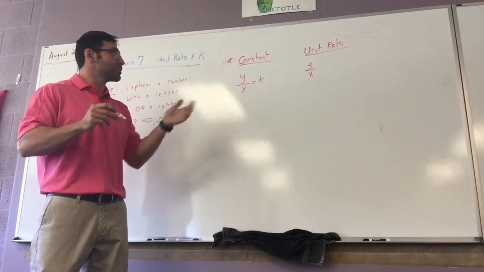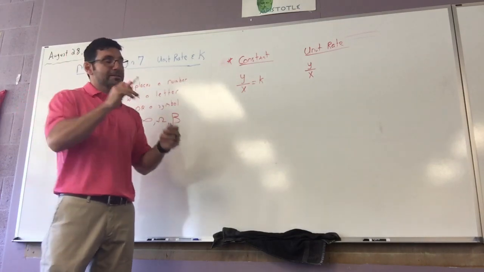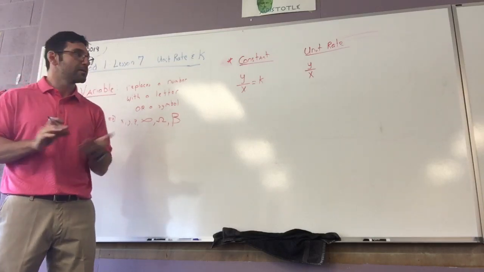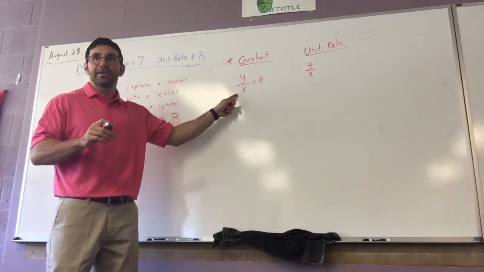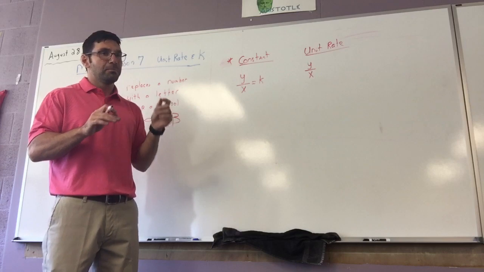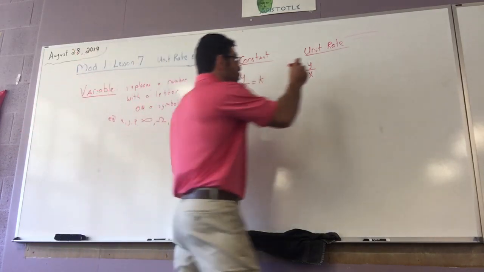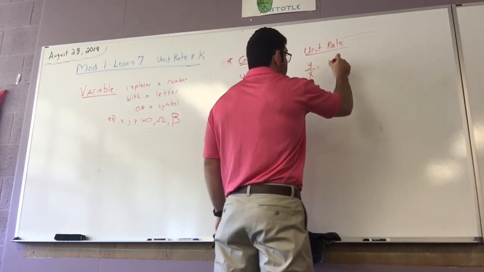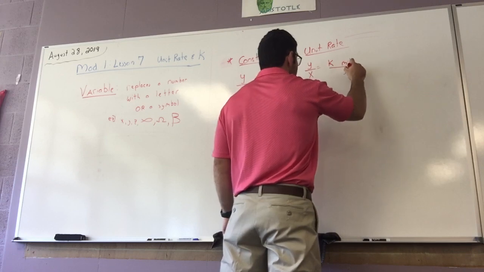The constant, the number itself, will be the same in the unit rate and the constant. But what's the difference between unit rate and a constant? Well, the constant is just a number. Go back to your notes from lesson 1. What has to happen in a unit rate? Well, we know the denominator has to be 1. Well, we're taking care of that because we're dividing by X into both. That's easy. But it must have units. So no matter what we get for our number, it's going to still be K, but it might be miles per gallon.